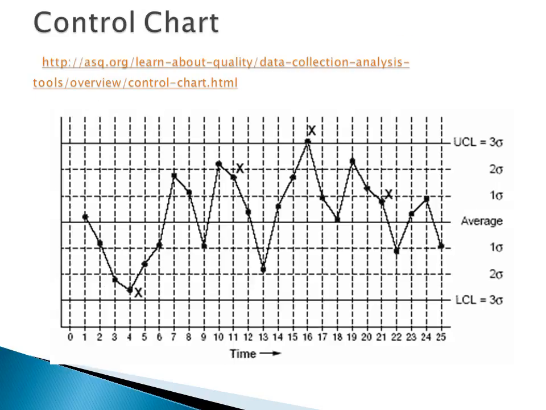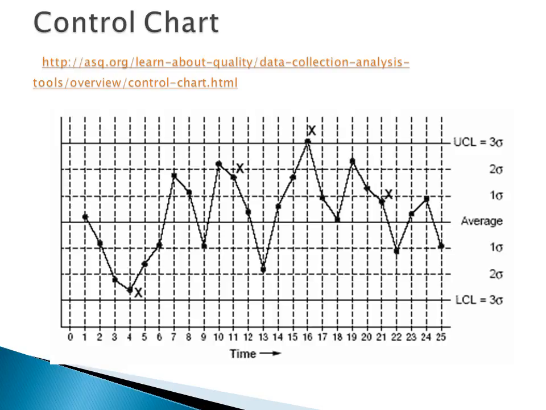This is an example, and you can see that where it says UCL, it's got a 3 sigma by it. So usually the upper control limit is set at 3 standard deviations from the average.